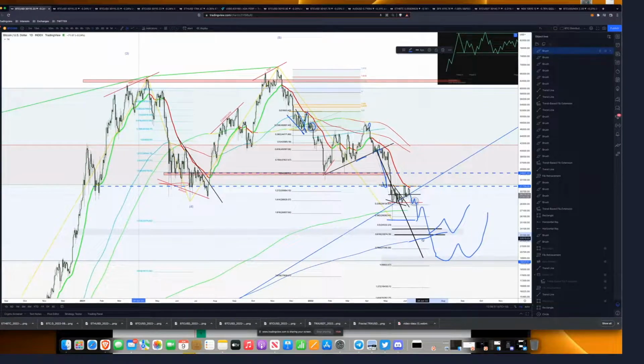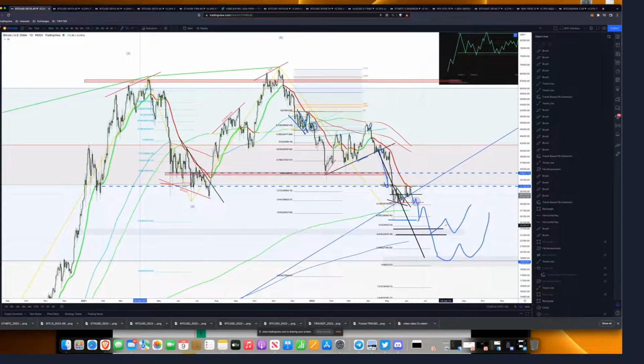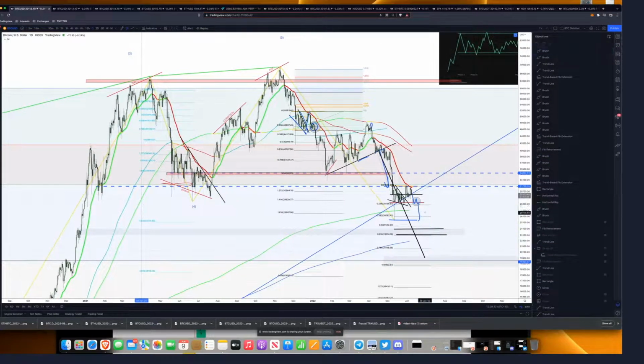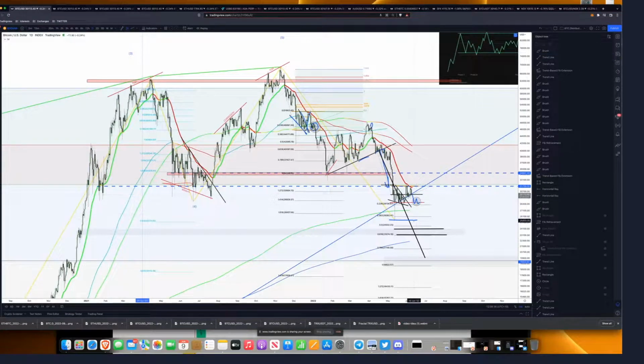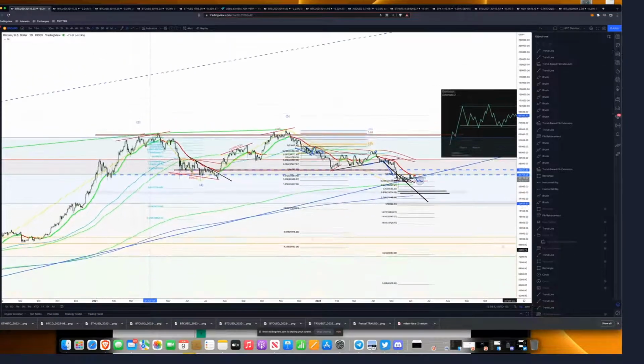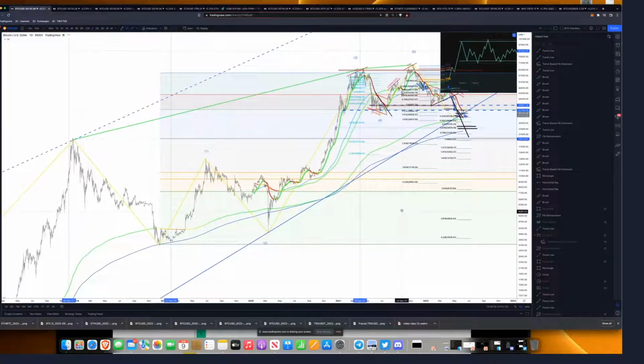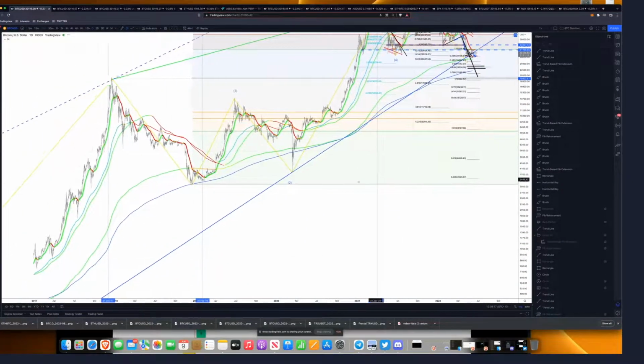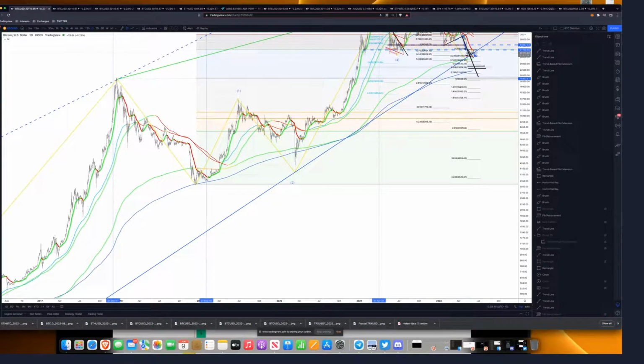So if we look at that historically, we'll leave that there. Let's have a look at the history of it. You can see historically that moving average took place here, and we have the EMA and the SMA on the bottom on the weekly.